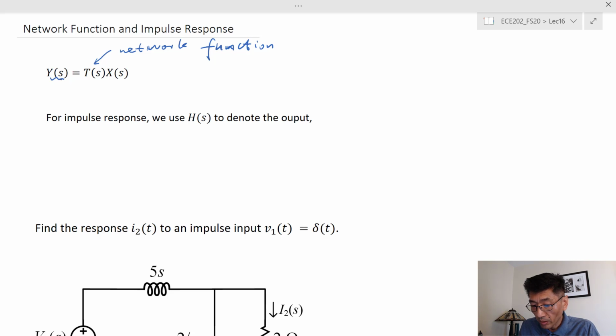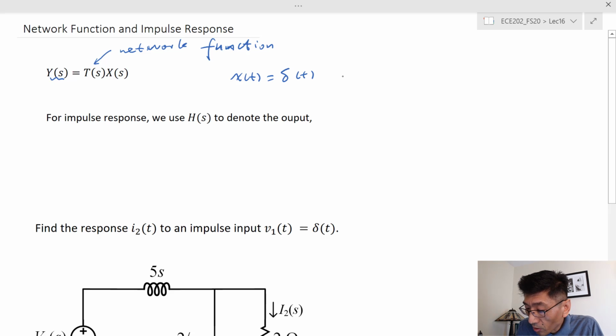If the input is an impulse, so in that case, if x(t) is delta(t), then X(s), the Laplace transform of x(t), which is probably the simplest one in the Laplace transform pairs, is just equal to 1.